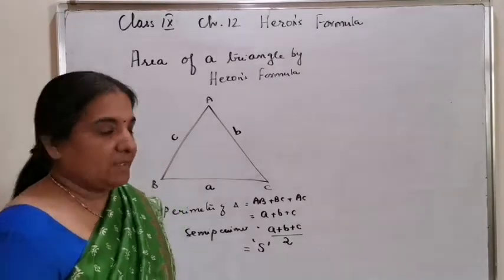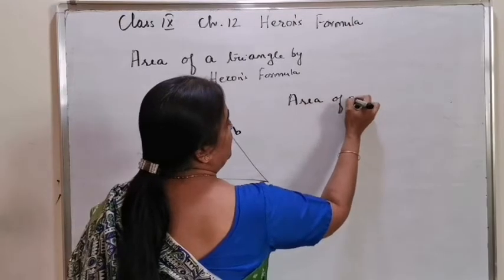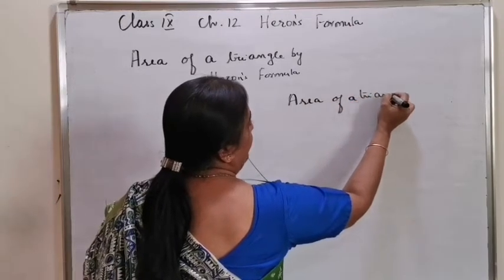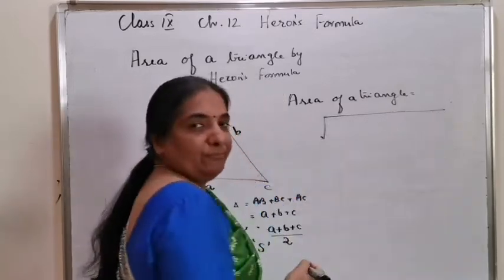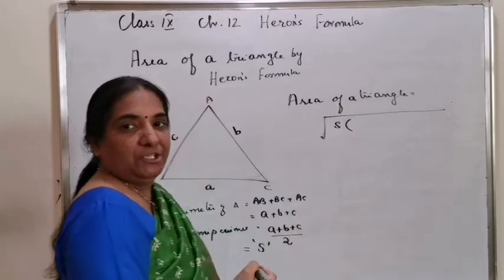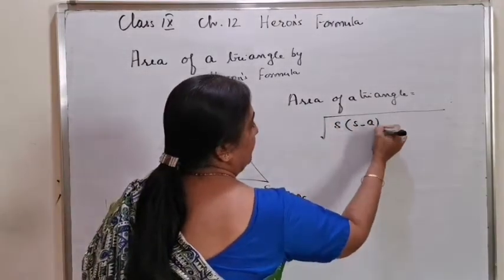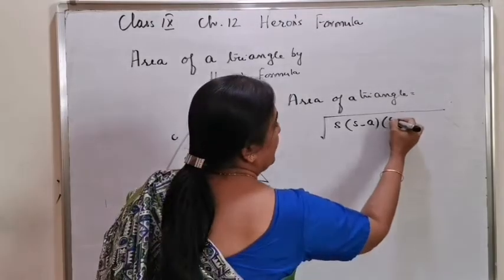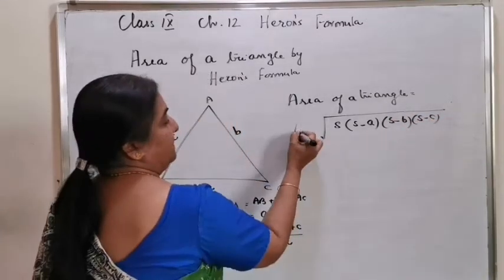And now Heron's formula: the area of a triangle can be found using the formula square root of S, that means semi-perimeter, into (S minus a) into (S minus b) into (S minus c).